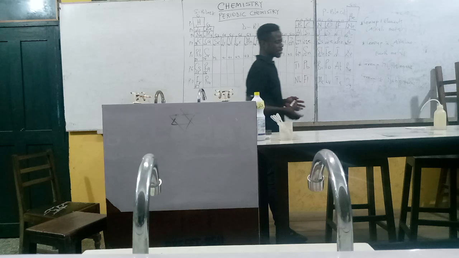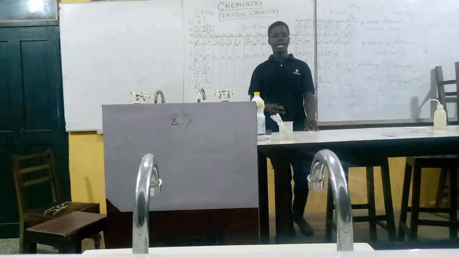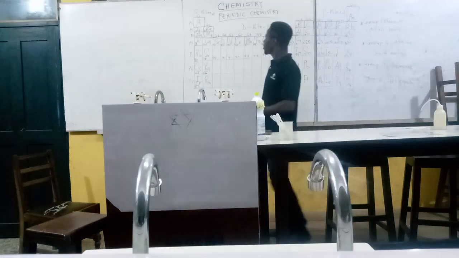Now most of these elements, in terms of their reactivity, react with the non-metals to form ionic compounds, except beryllium. We have not gotten to beryllium yet, so beryllium is in group 2. So most of these elements will react.